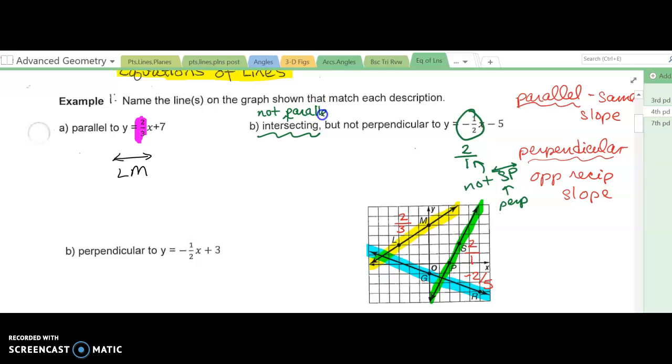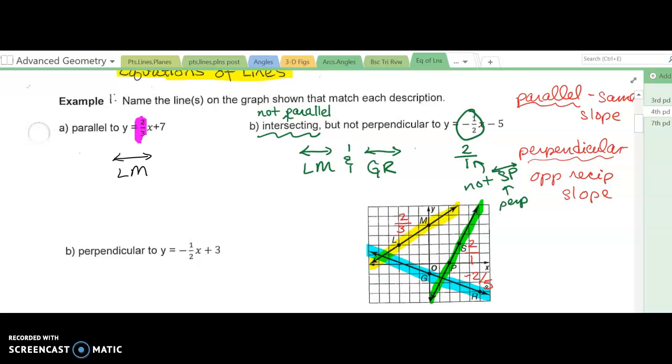So we're looking for a line that's not parallel and not perpendicular to the line y equals -1/2 x minus 2. So 2/3 is not the same thing as -1/2, so LM would work as an answer. And GR would also work because it also has a slope that's not the same or opposite reciprocal.